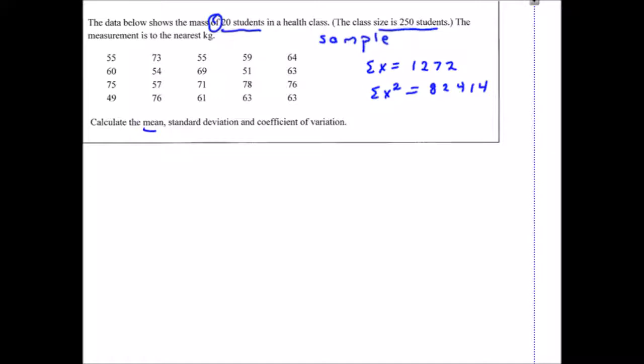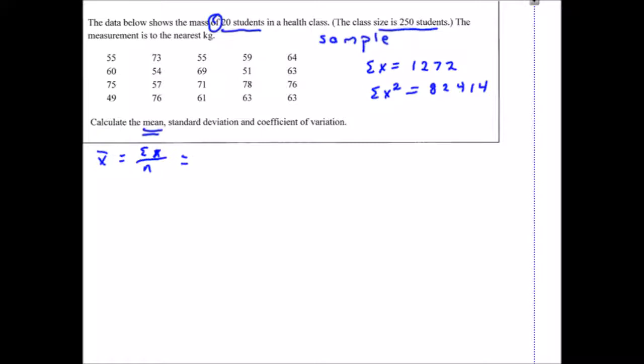Now, for the mean of a sample data set, x bar is the notation. The formula is exactly the same. The sum of all the values divided by n.